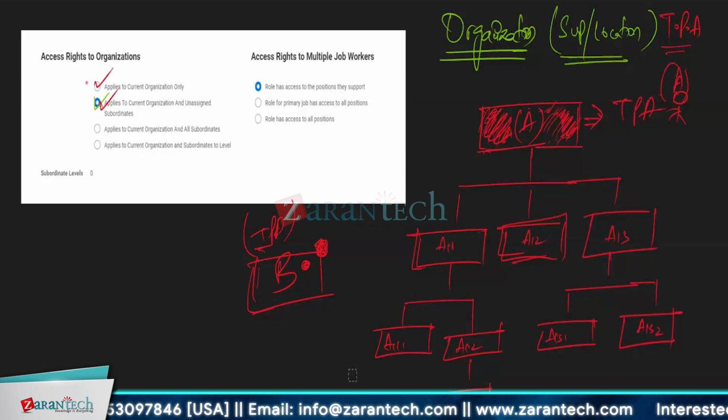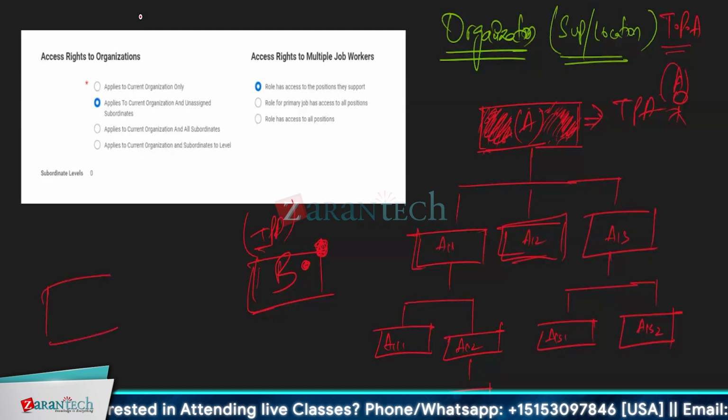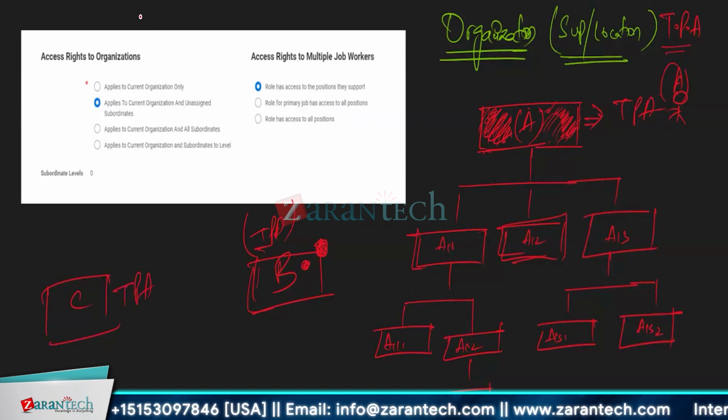Suppose I select the third option. You're asking about subordinates? Any organization that is not assigned to A becomes an unassigned subordinate technically. So if I take C here as well, B and C are unassigned subordinates to A, and we call them subordinates, but A already has a couple of subordinates, so it will think that B and C are unassigned subordinates.